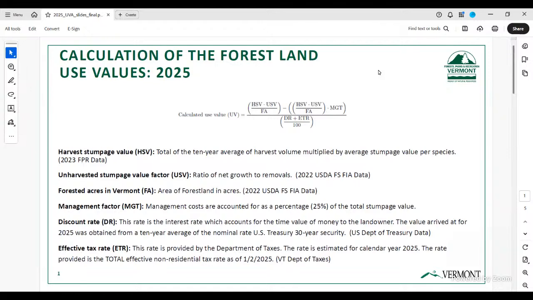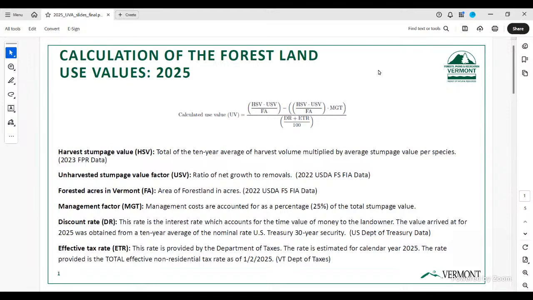So it's by board feet or cord or ton of a timber product. And the harvest volumes, that data is collected by me with FPR. So this year we use the 2023 harvest data. The stumpage values, I also collect those. It's a survey I send out quarterly. So it's the previous 4 quarters that we use for that.